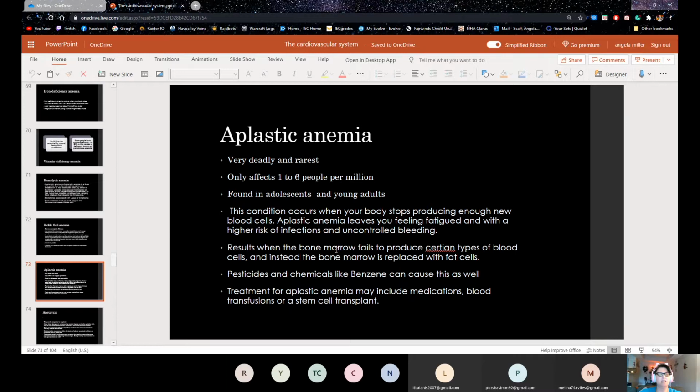For whatever reason, the bone marrow says, okay, I'm not producing these cells anymore, I'm going to start producing fat cells. And so what ends up happening is the patient becomes inundated with fat cells instead of the blood cells that they need for survival and for life.